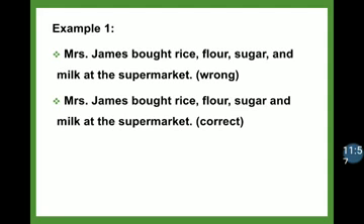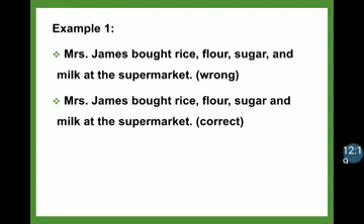The first example says, Mrs. Brown bought rice, flour, sugar, and milk at the supermarket. So we know that she bought 4 different items.